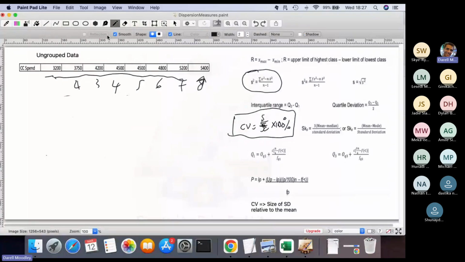Intuitively, you may have heard of it. When you wrote a test in class, sometimes you feel, I don't want to be in the bottom 25% of the class, or in the bottom 10% of the class. Intuitively, you kind of understand what you're trying to say.